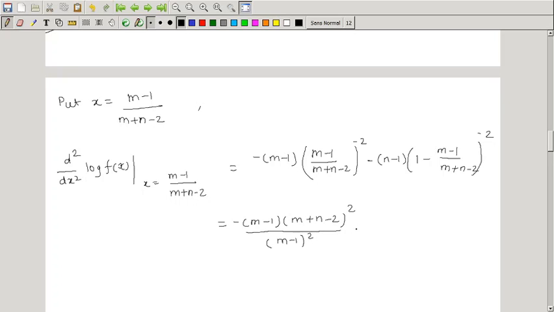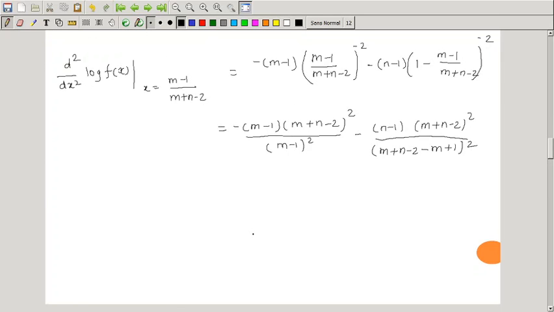Same here, minus (n - 1) and (m + n - 2) bracket square. This is the LCM, and the denominator term is (m + n - 2) minus (m - 1) bracket. So here m gets cancelled, only n minus 1 is remaining; I have just cancelled this term.